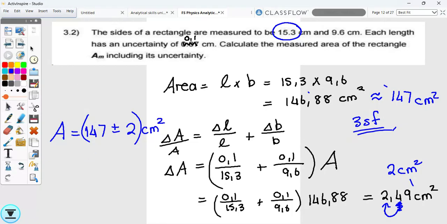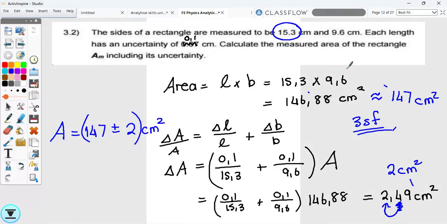Everyone happy with 3.2? No, see, that's the thing with real values in maths. They teach you to leave it in fractions because they say it's more accurate.